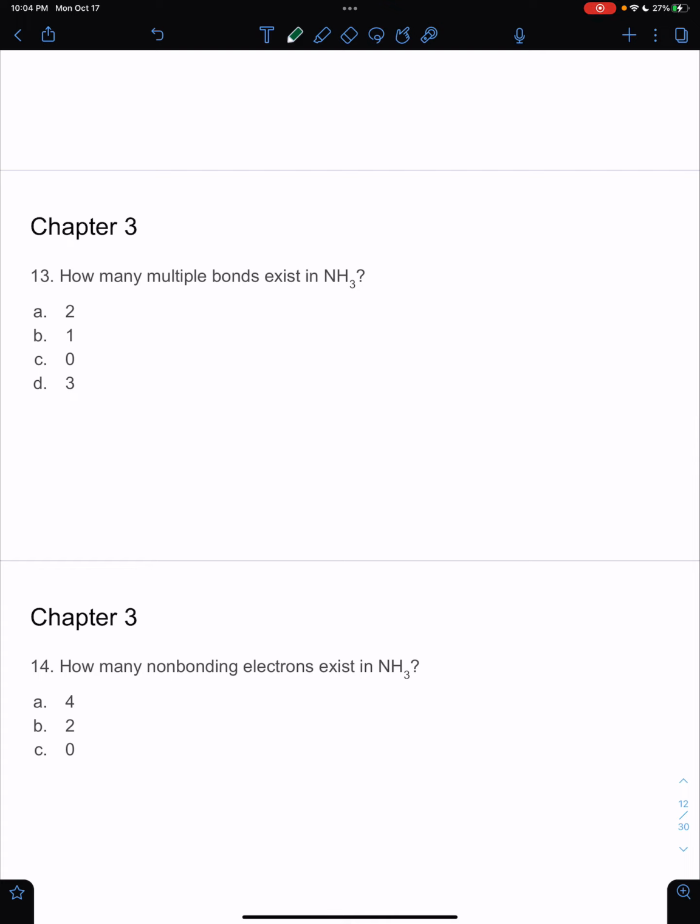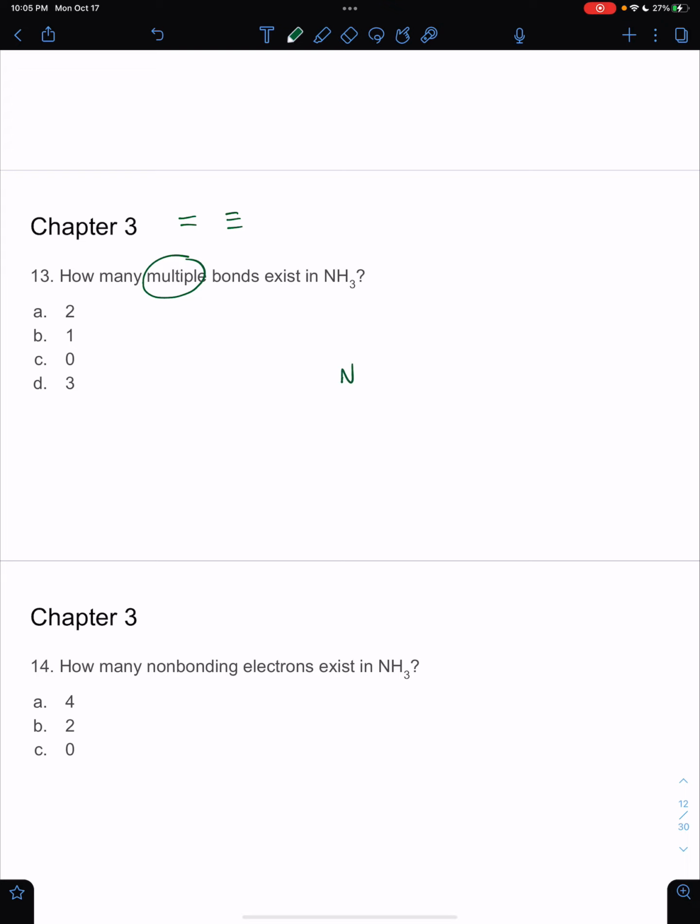Okay, so this one says how many multiple bonds exist in a compound. So again, in NH3. For this question, we're probably going to have to draw the Lewis structure, just so we can visualize the number of multiple bonds. And this refers to a double bond or triple bond. So we're going to start with the central atom.